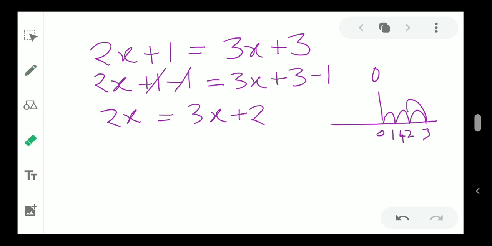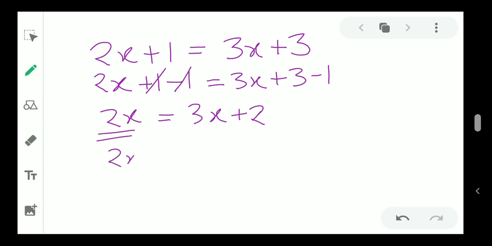Okay, so basically after that, what we are going to do again, 2 is there, but if I subtract 2 from both sides, ultimately I don't have any profit, because there will be again 1 minus 2 on this side. So what I am going to do now, I am trying to clear this 2x.